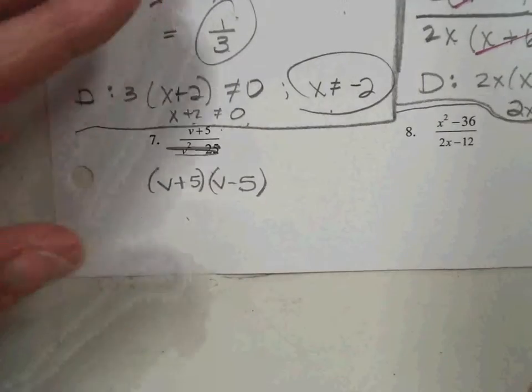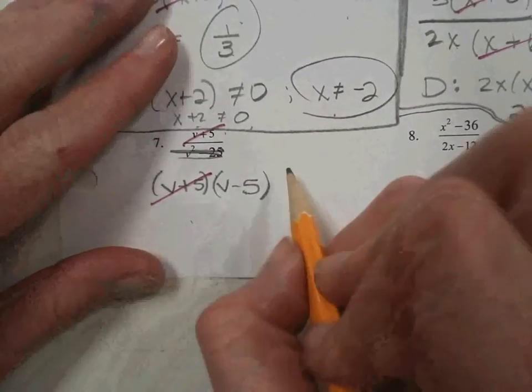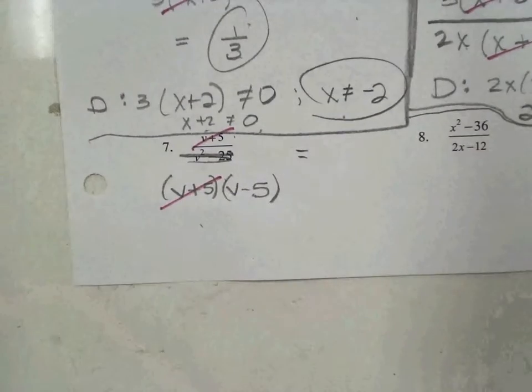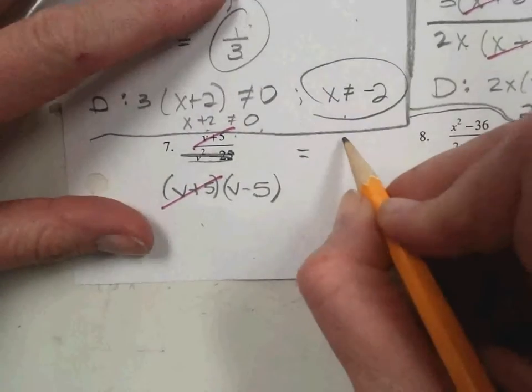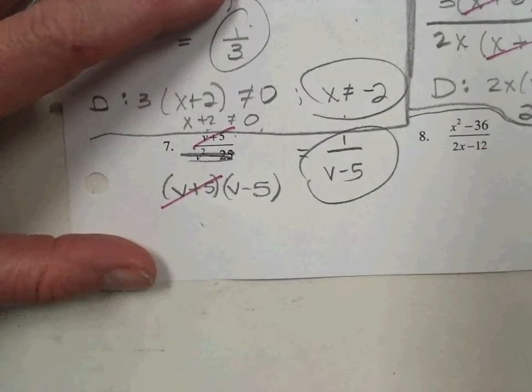Okay, so then again, v plus 5 over v plus 5 cancels out. What's your final answer if those two cancel out? 1 over v minus 5.